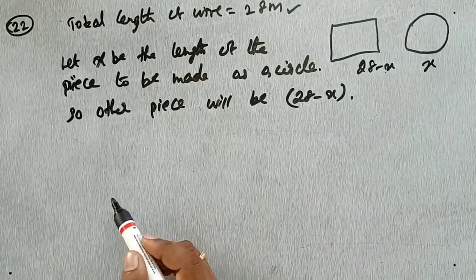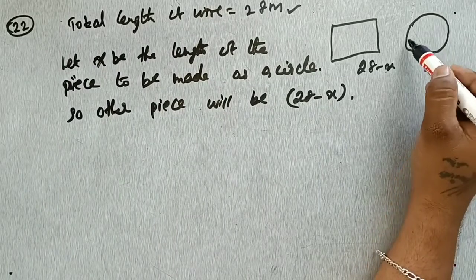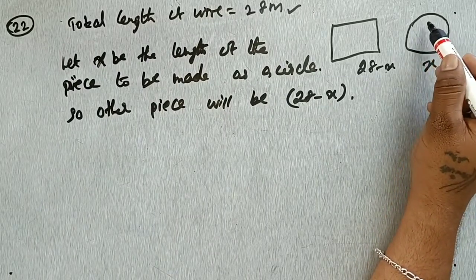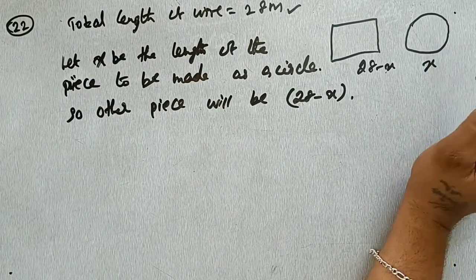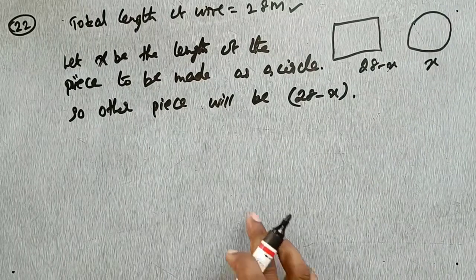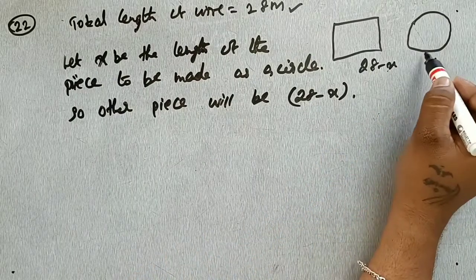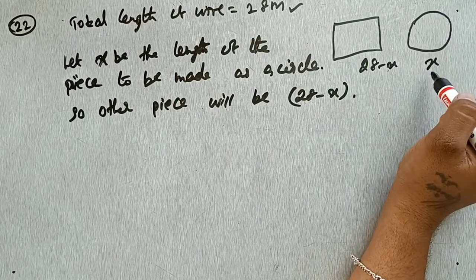Now x is the piece to be made as a circle, which means x is 2 pi r, the circumference of the circle, because when I cut the wire and make a circle, the length of the wire is the circumference of the circle. So our circumference of the circle equals x.